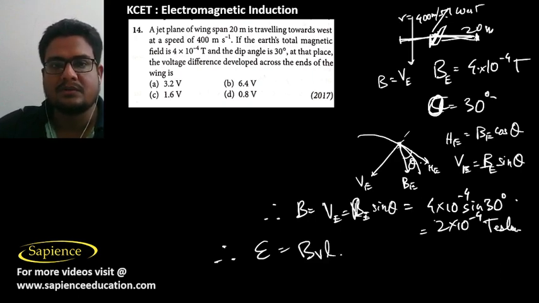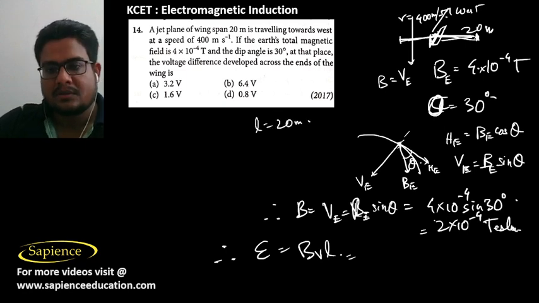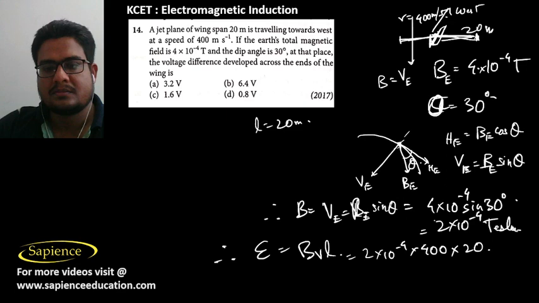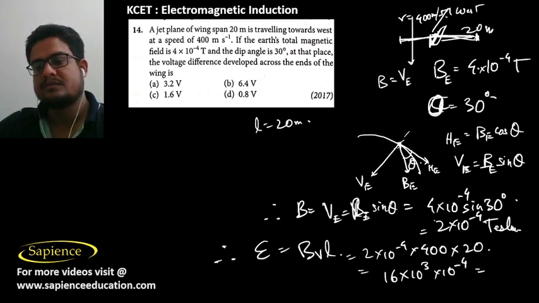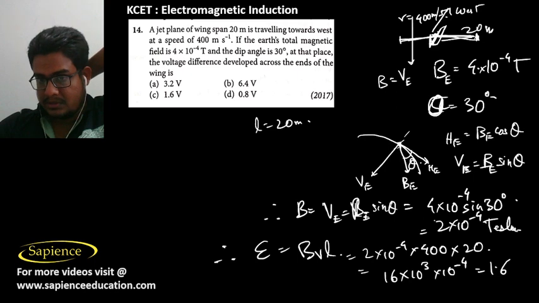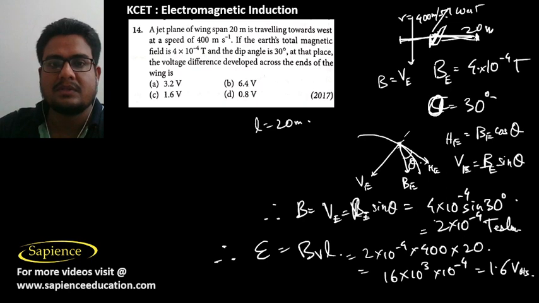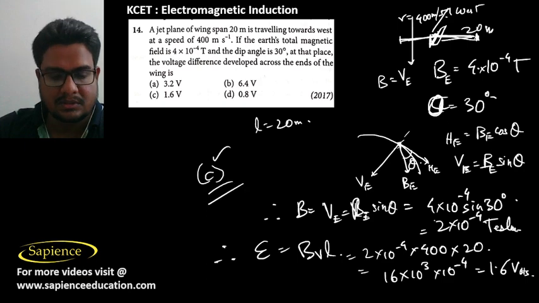The velocity of the plane is 400 meters per second. L is the wingspan, that is 20 meters. B is 2 into 10 power minus 4, into V, 400, into L, 20. This will be equal to 1.6 volts. So this is the voltage difference that is developed across the edges of the wings. So C is the correct answer.